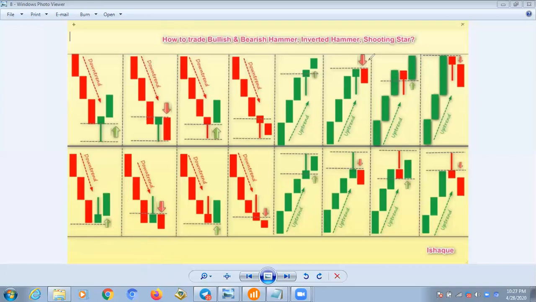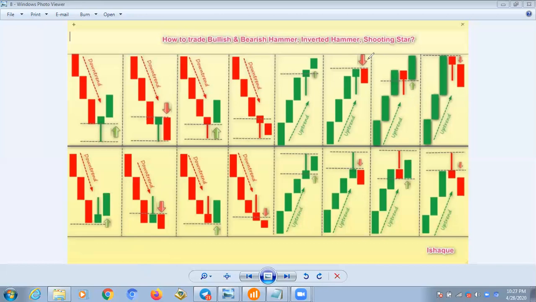Sorry, just one more question. Does it matter if the trend is a strong bullish momentum trend or a strong bearish momentum trend? Does it depend on that as well, or if it's a normal trend, is it also fine? It's very, very important that we are in the downtrend or in the uptrend.